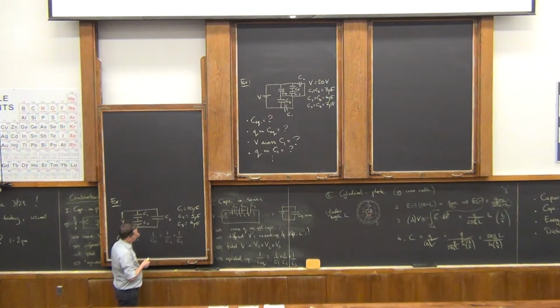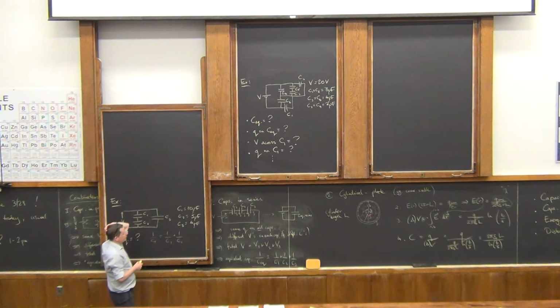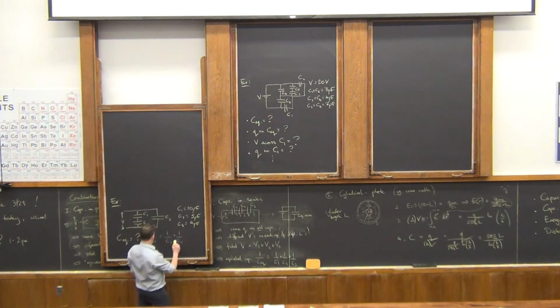In cases as complicated as this, it's probably one case in a class like this where I would encourage you to put in numbers along the way. Otherwise, it gets pretty hard to carry all of the symbology. In this case, it doesn't really matter, but what do we get if we put in numbers here? We've got 1 over 10 plus 1 over 5. What does that tell me for C1,2?